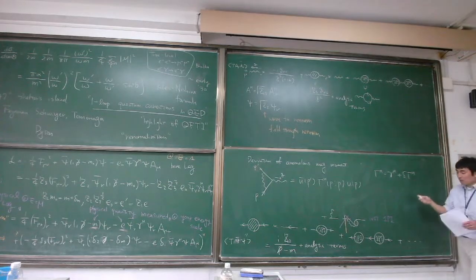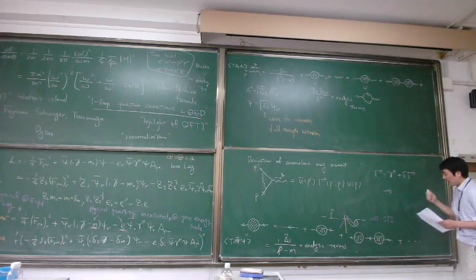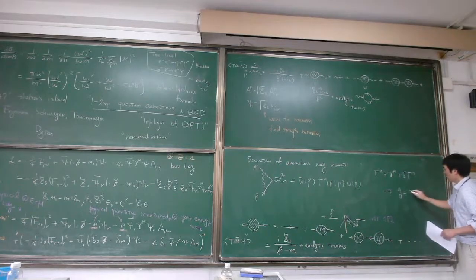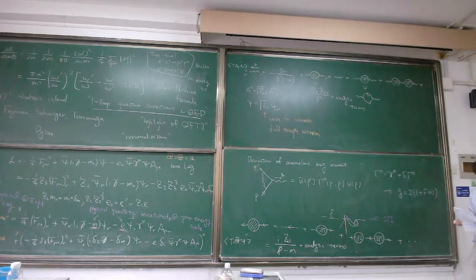If you compute this delta gamma^mu very carefully, the g anomalous magnetic moment has 2 plus F, I forgot, F1, F2, I think, I'm sorry, as far as I remember F2. I think this is called the form factor, which we are going to evaluate.